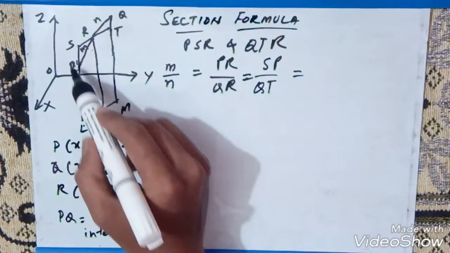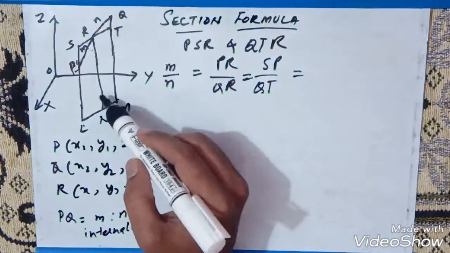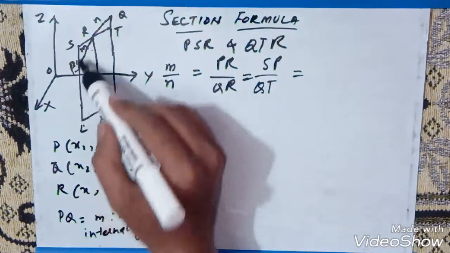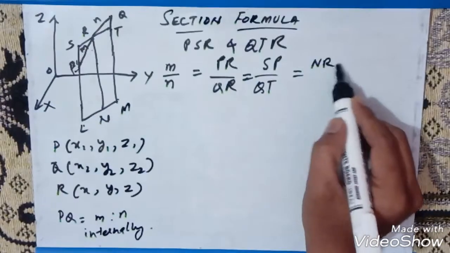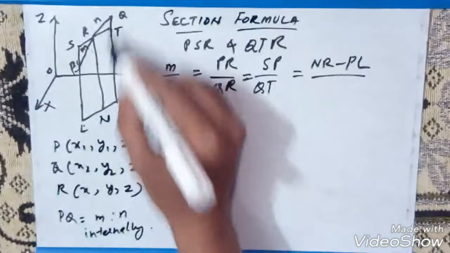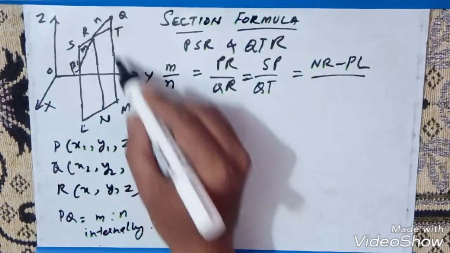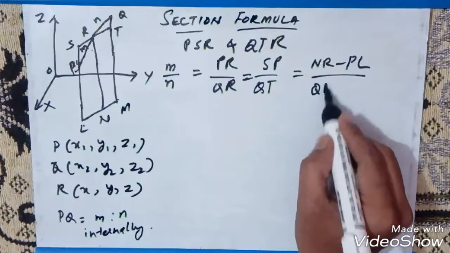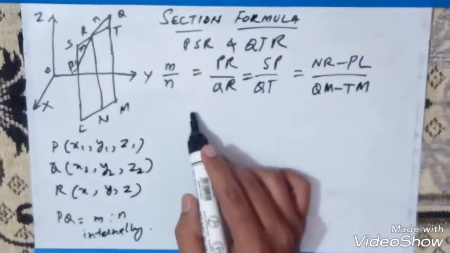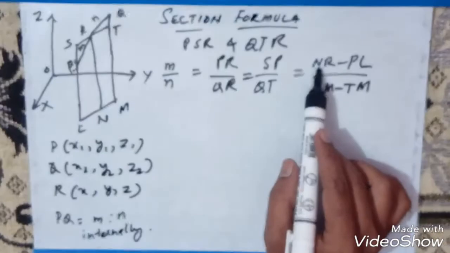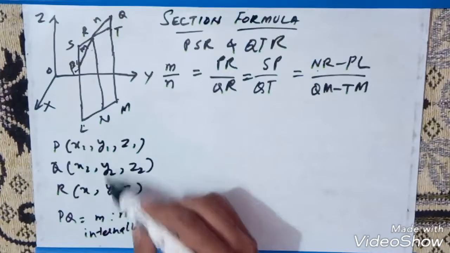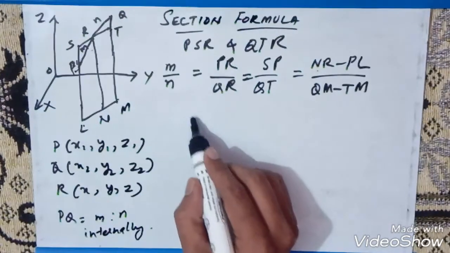SP can be written as NR minus PL, whereas QT can be written as QM, which is the bigger one, minus TM. Now you can see what values we are getting here. NR is the point which has x, y, z.